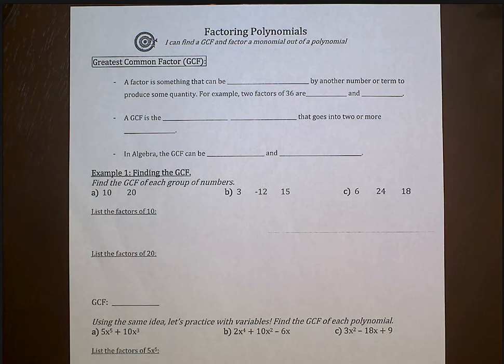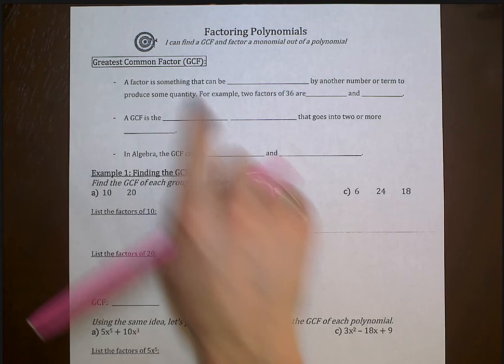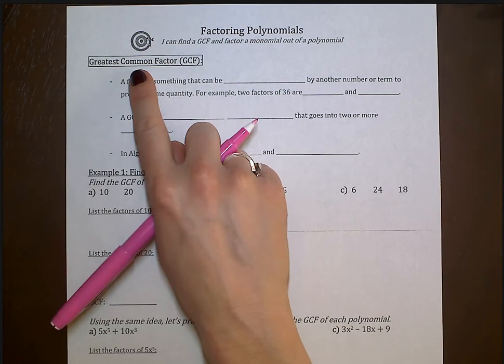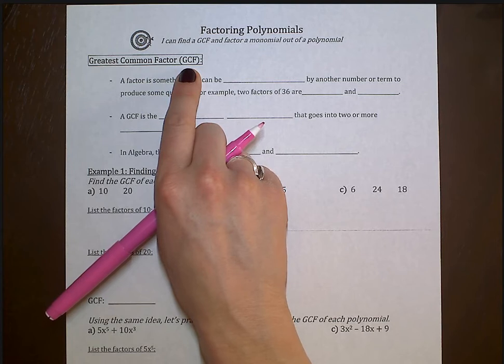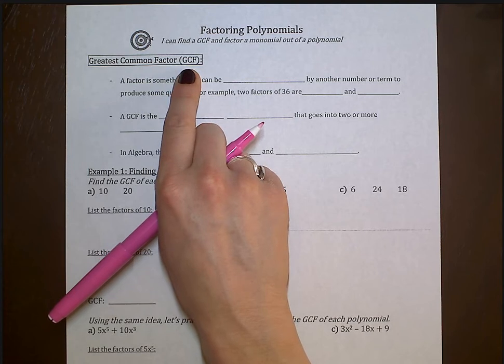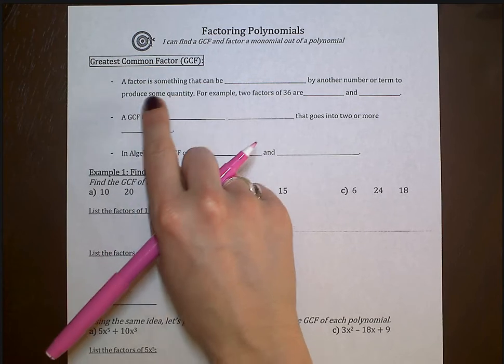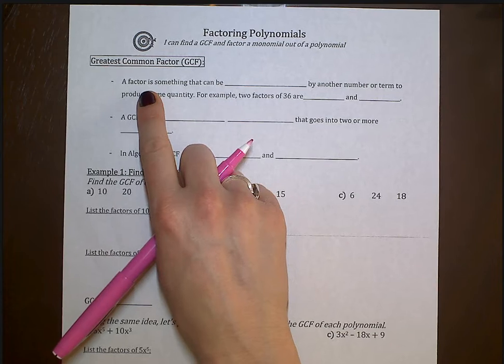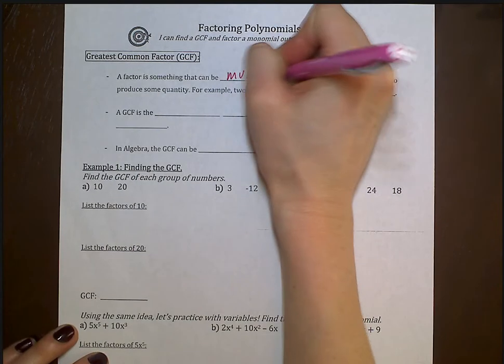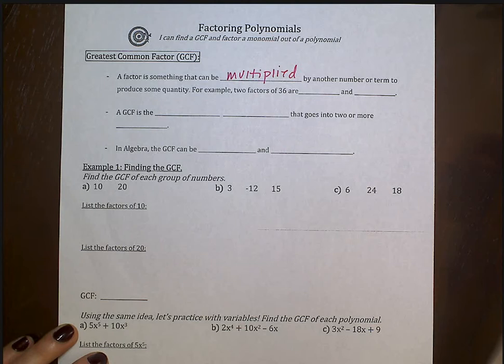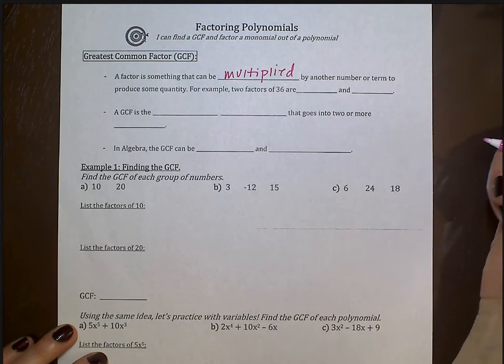We're ending with dividing. Now, hopefully this first thing you've heard of before, a greatest common factor, or we'll just use the letters in front, which we'll say GCF. Now, think to yourself what a factor is. Well, a factor is something that can be multiplied by another number or term to produce some quantity.